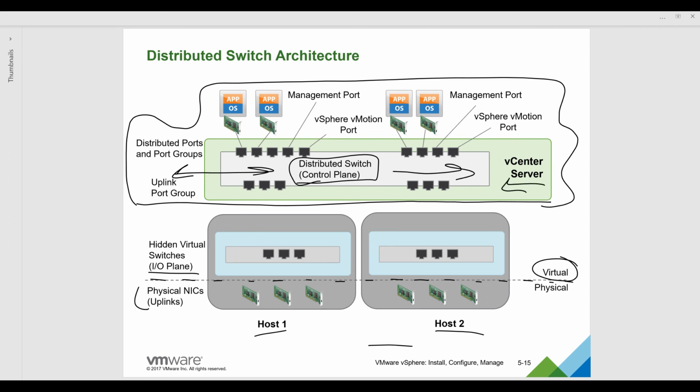So your vCenter Server here controls everything within that distributed switch to give you your distributed port groups, ports, and your uplink port groups to get to your management port, your vMotion, in which we can move different VMs from host to host. And then on the other side of this distributed switch, we have another set that has our management port for this set of VMs, and then we have our vMotion port.